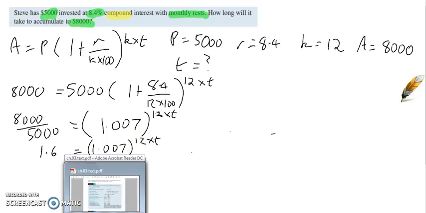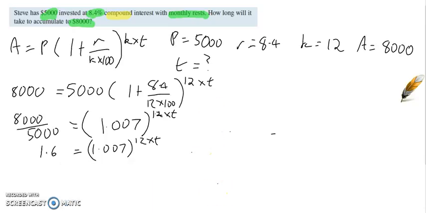Now what we have to remember is that the t we're looking for is years. This may not happen in exactly 3 years or exactly 4 years. We have to use trial and error to figure out our answer. So I must say we don't have a procedure we can use to directly get an answer here.